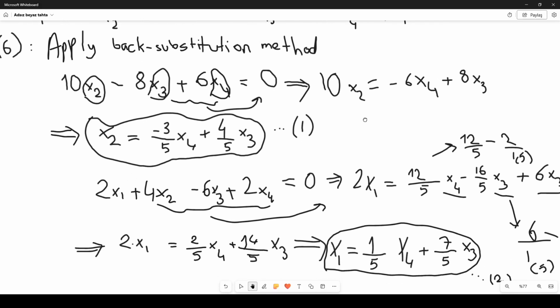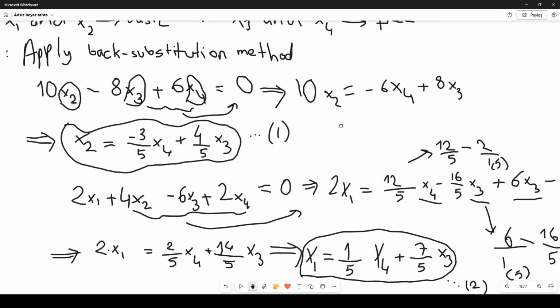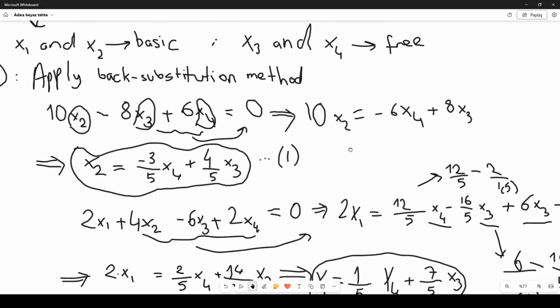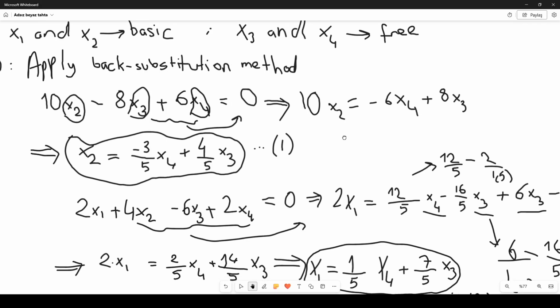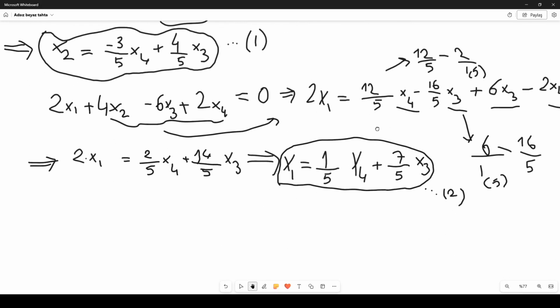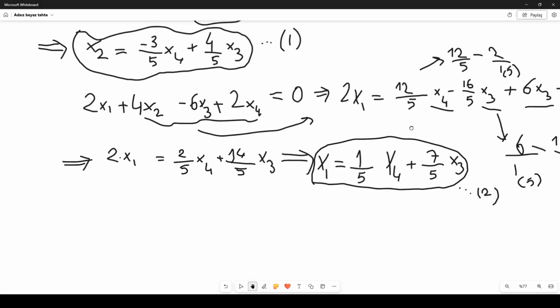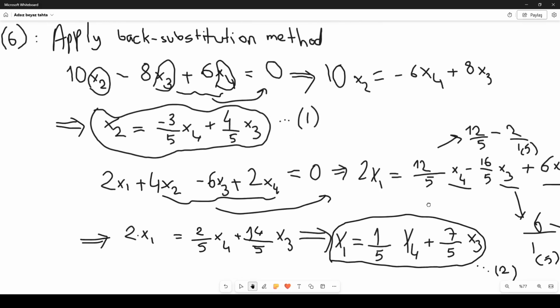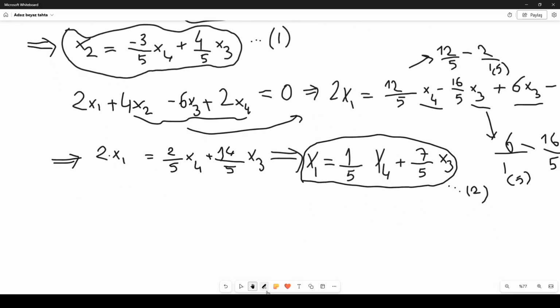And then we apply the back substitution method in order to express the basic variables as an algebraic sum of free variables, and actually we obtained our desired result here. So we're done with that. And now what is the following step? Okay, let's say 7.